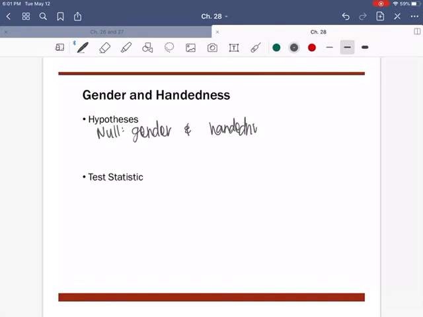So our null: gender and handedness are independent. It's always independent. Our alternative is the opposite of that.